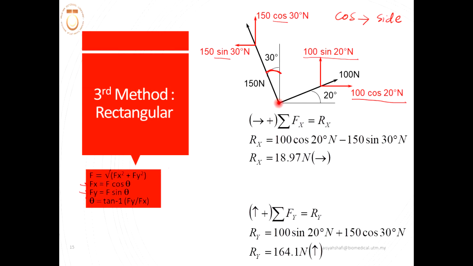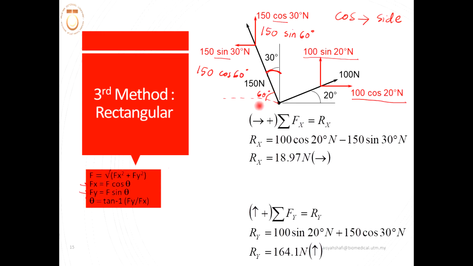But you also can solve with another method. For example, here this is 30, so this should be 60. So this angle will become 60, so 150 Newton sine 60 and 150 Newton cos 30. Actually, this will give the same answer.